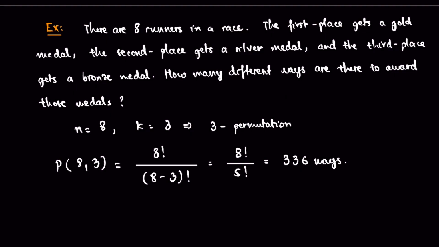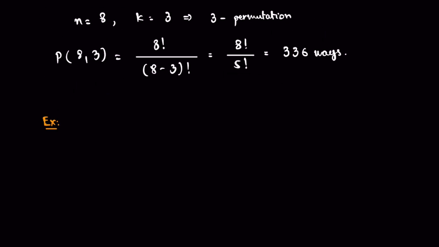Now we're going to move on to the last example related to permutations. In a company, we want to know how many ways we can select a chairperson, vice chairperson, secretary, and treasurer from a group of 10 persons. So the big assumption here is obviously we cannot select a person for more than one position, and the order of arrangement matters. That is, you need to have one person for the chairperson, one person for the vice chairperson, one person for secretary, and one person for the treasurer.